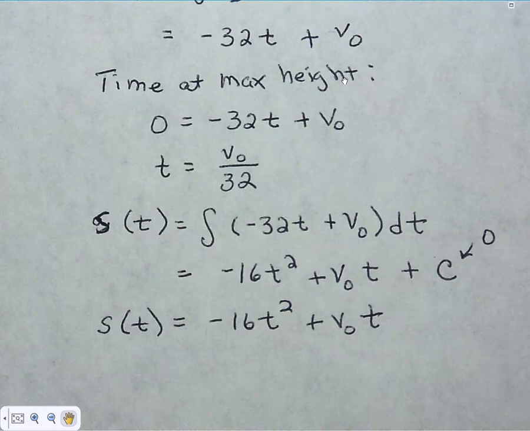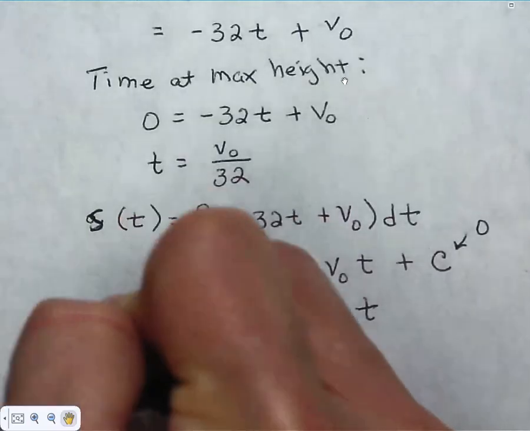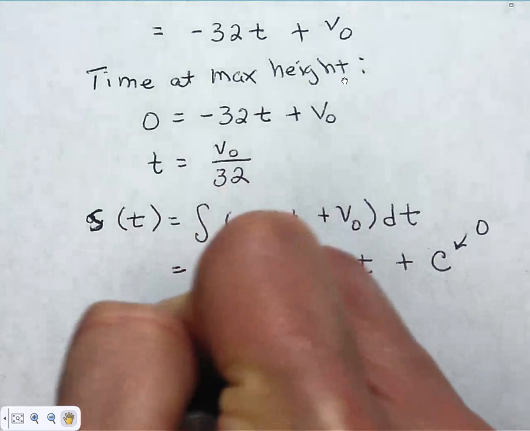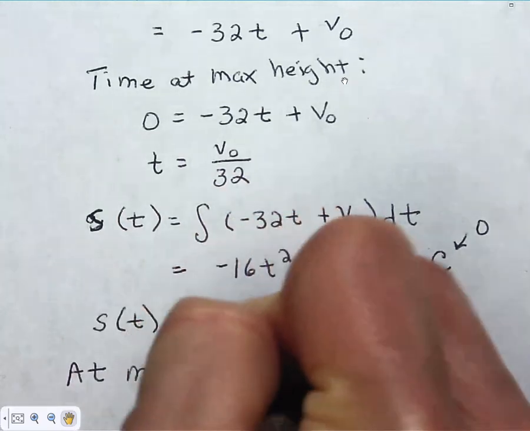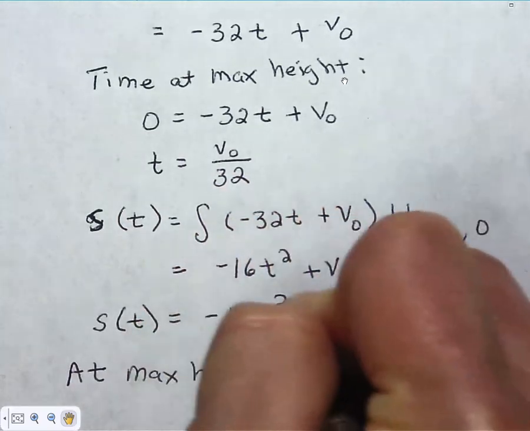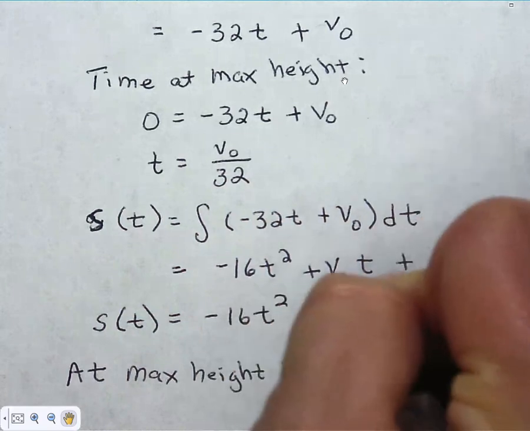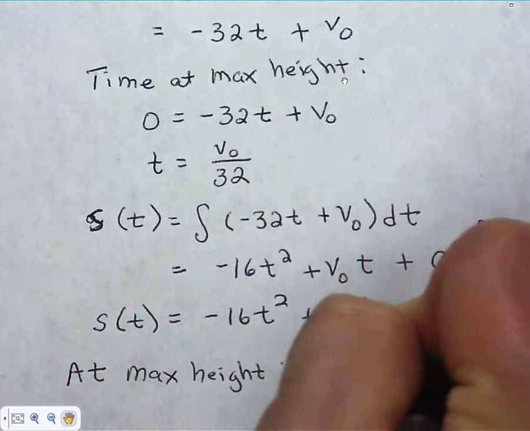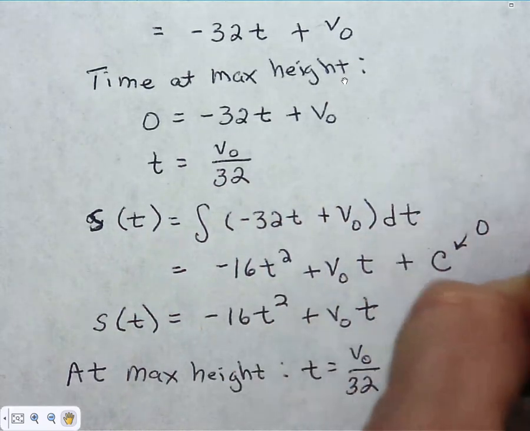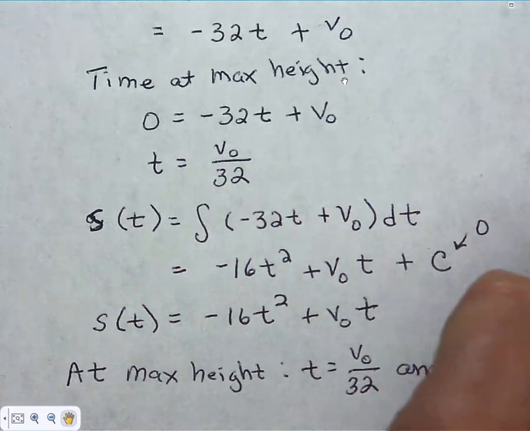It's ugly that I don't have a number to plug in for t, but I do have an expression that I can plug in for t. At max height, t equals v sub 0 over 32, and s equals the height of the Washington Monument.